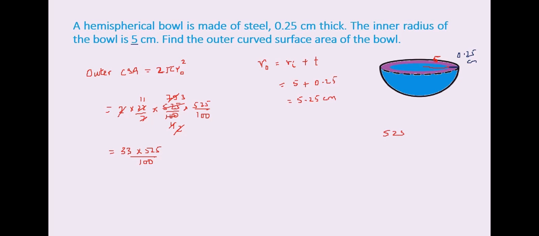So 525 times 33 is 17325 upon 100, which is equal to 173.25 centimeter square. That is the curved surface area of the outer side of the bowl.